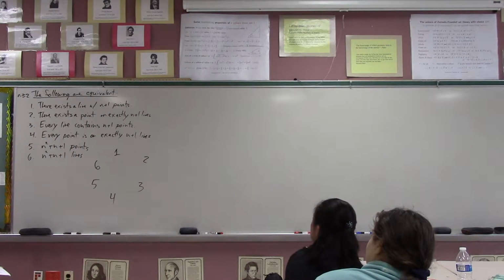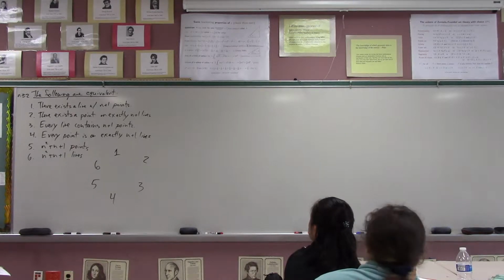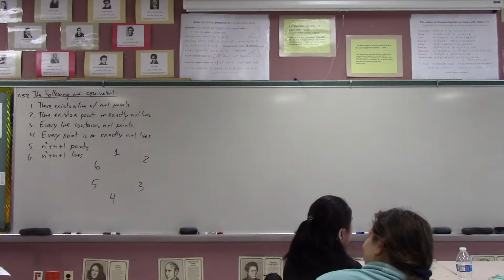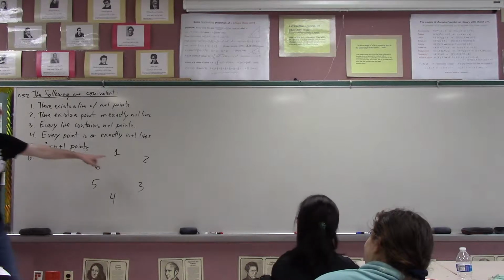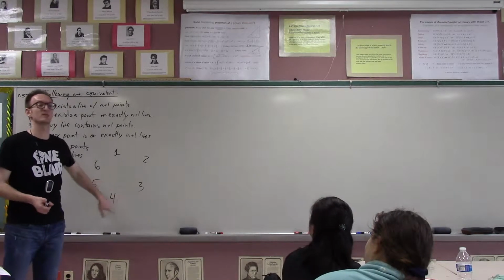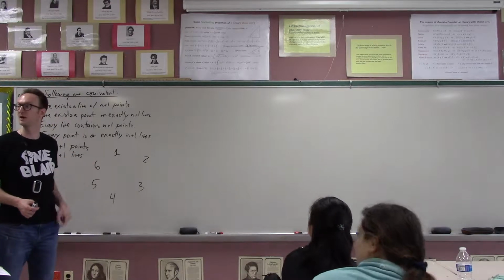Who took linear algebra? Did anyone here take linear algebra last year? So real linear algebra? No. Okay. Even if you're taking this year's version of linear algebra, it's a very common thing to have a whole long list of statements and to show that these are all equivalent to each other. There are many ways to do this. We did this in this class even. But the simplest way is to just show that 1 implies 2, which implies 3, which implies 4, which implies 5, which implies 6, etc. All in a big circle.